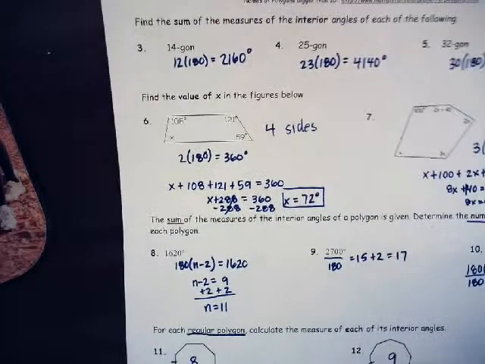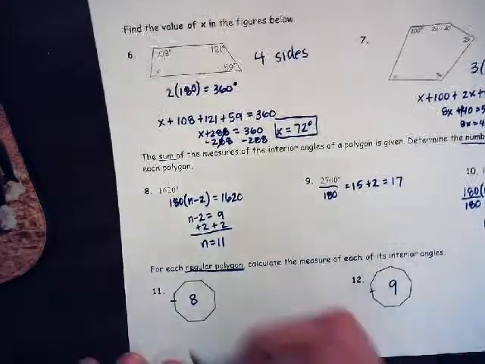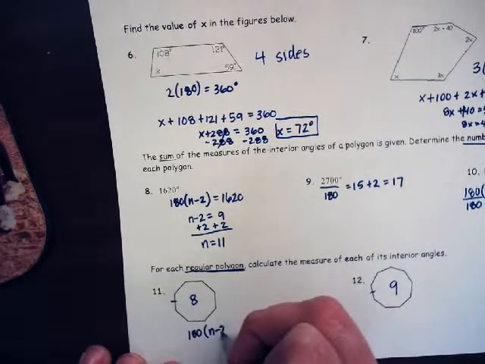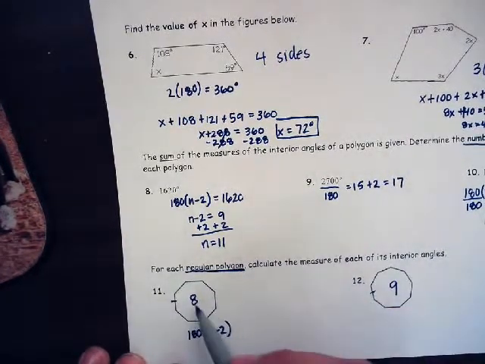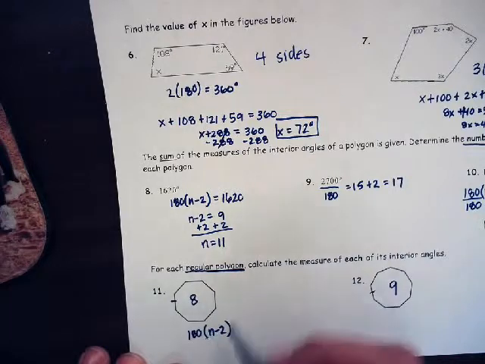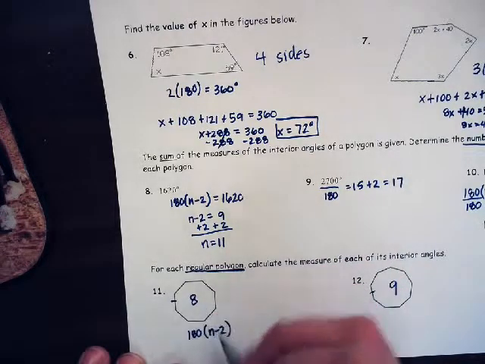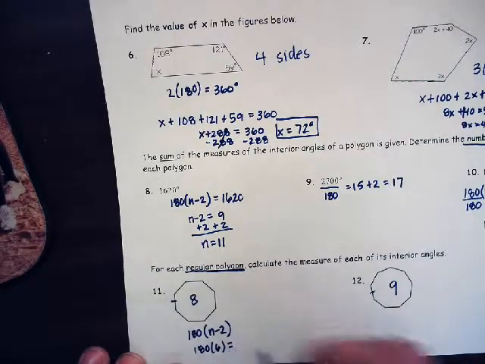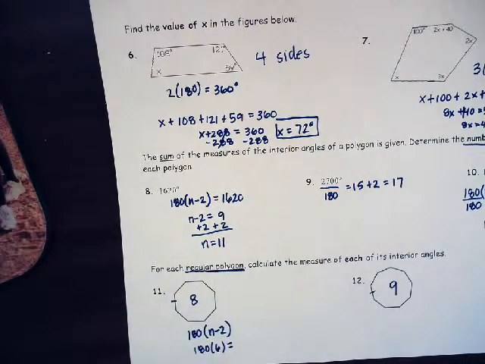So if I come down here, I have to take 180 times n minus 2. Well, my n is 8. Okay, so 180 times 8 minus 2 is the same as 180 times 6. Okay, 180 times 6 is 1,080.